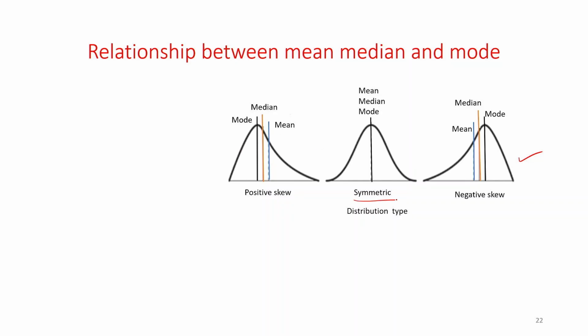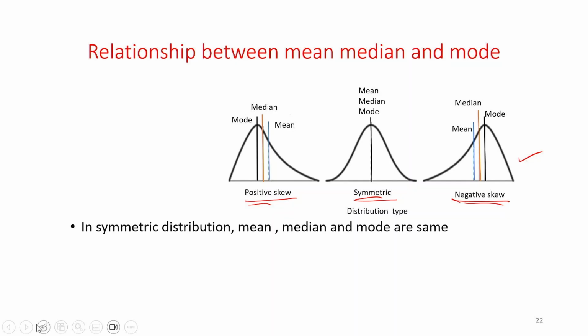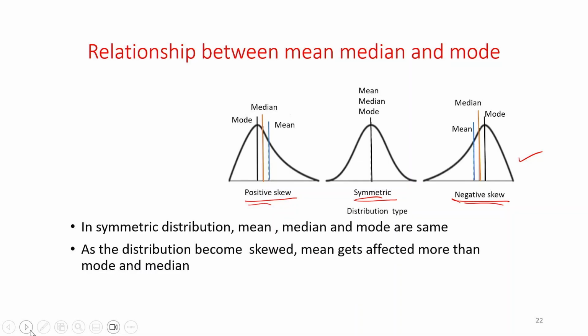One is a symmetric distribution, another is positive skew, and the third is negative skew. In the case of symmetric distributions, the mean, median, and mode all lie at the center. They will all perfectly match.